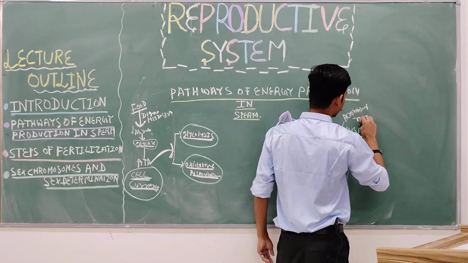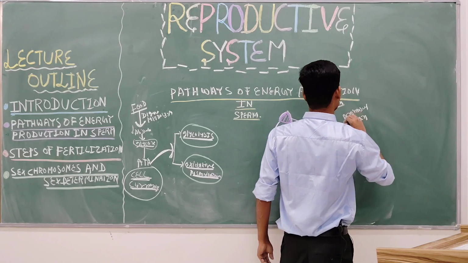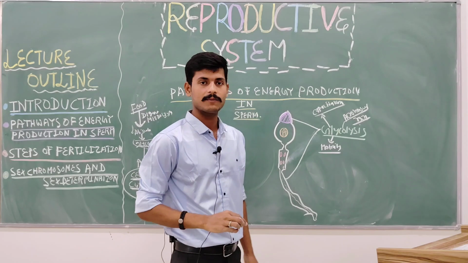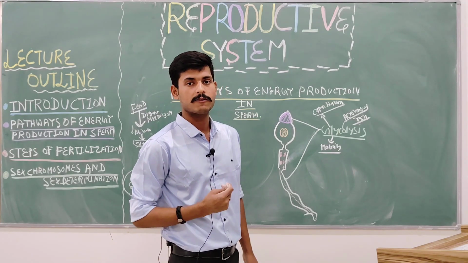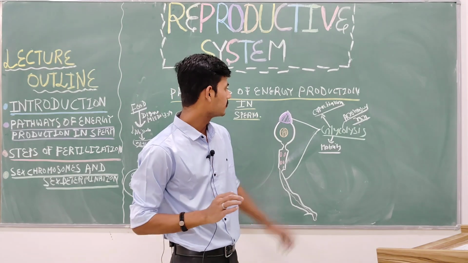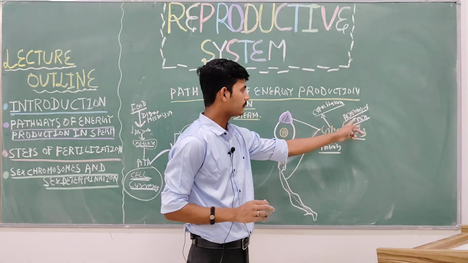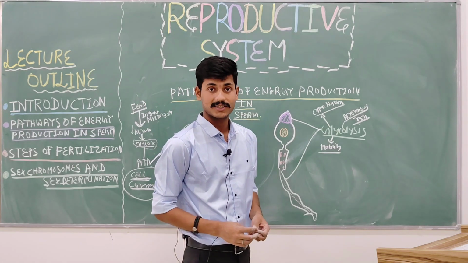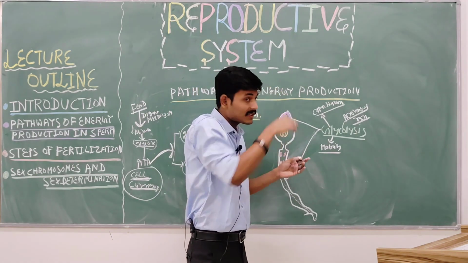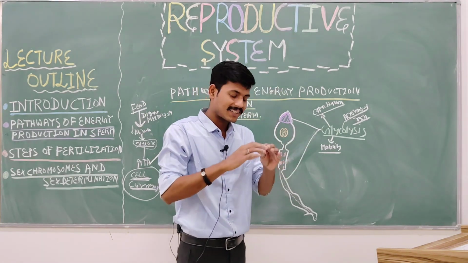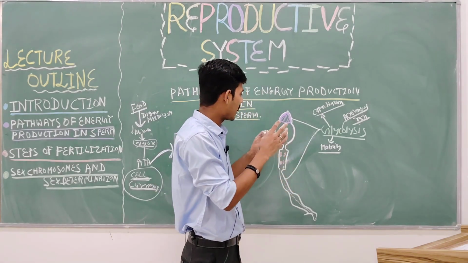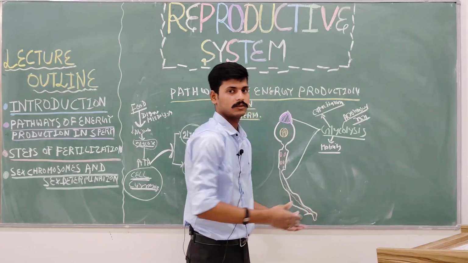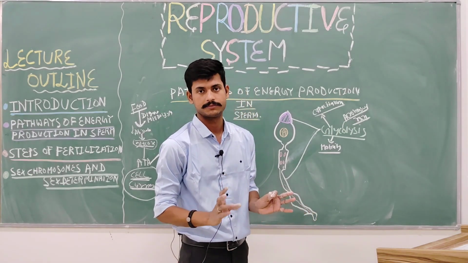Now you are wise enough. You see that the egg put some criteria. The egg said, I will only fertilize if the sperm have these three things: the power of acrosomal reaction, motility, and capacitation. Capacitation refers to the series of changes which happen in the sperm when it goes to the female reproductive tract.